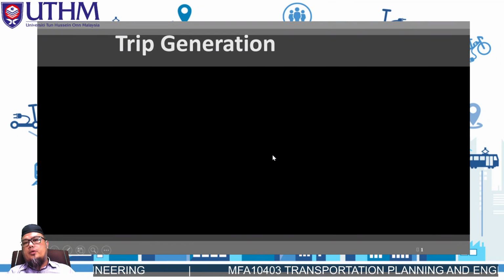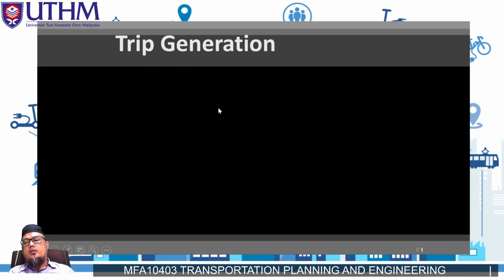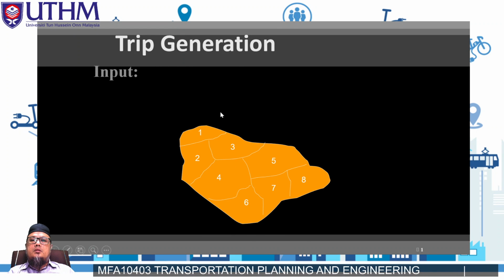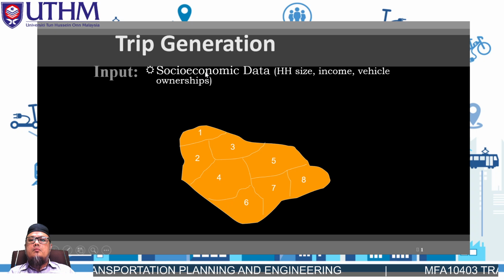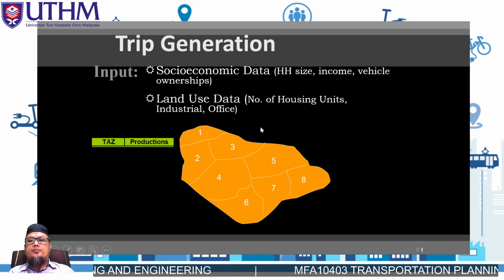Before we go to the example or detailed explanation for trip distribution, first we just revise the trip generation, which is where we have zones, coordinate lines, and the area divided by zone. So socio-economic data, which is household income or vehicle ownership, land use data, number of housing units, industrial, office.